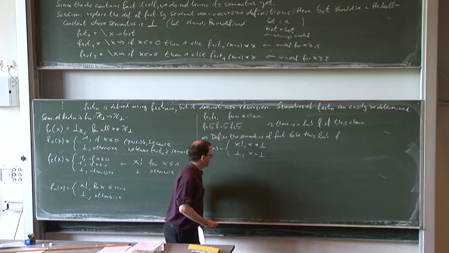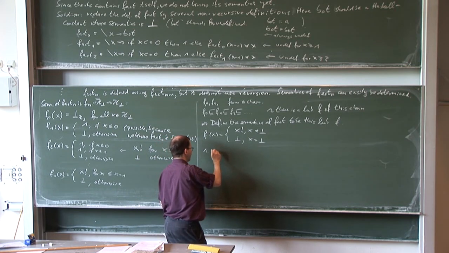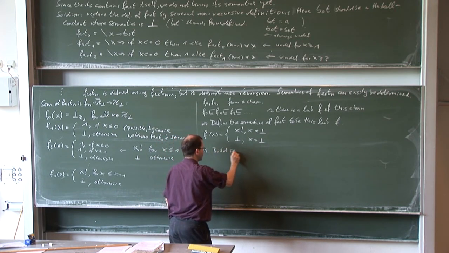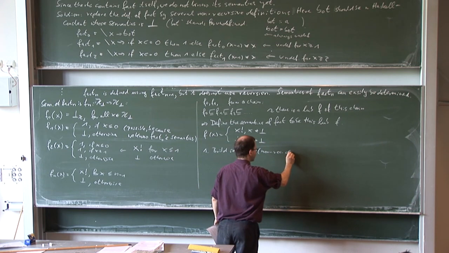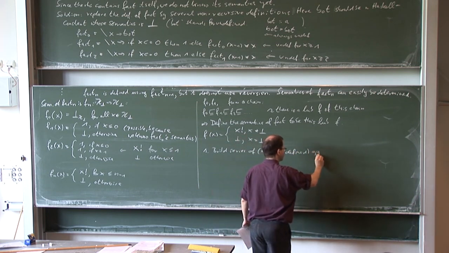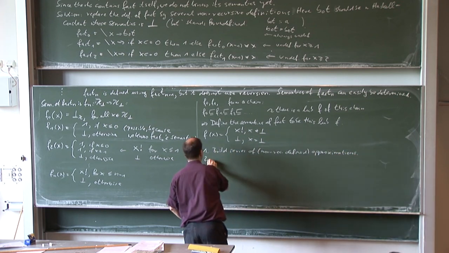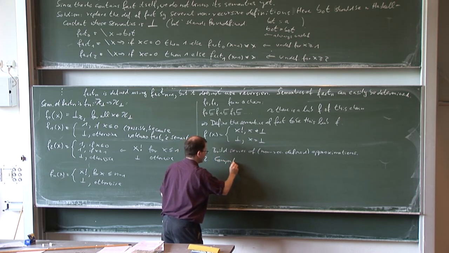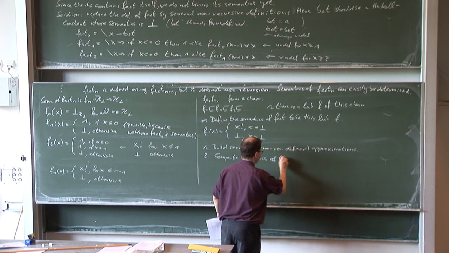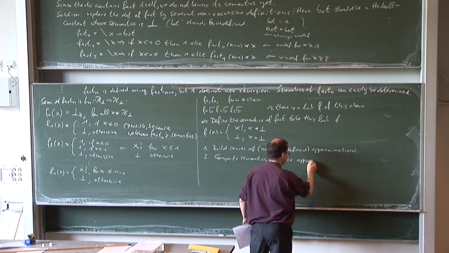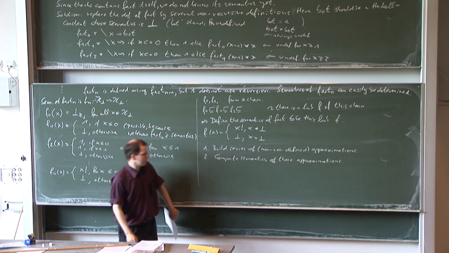So to recapitulate, what we do is, if we have a recursively defined function, build a series of non-recursively defined approximations to the recursively defined function, compute the semantics of these approximations, and then take the least upper bound.